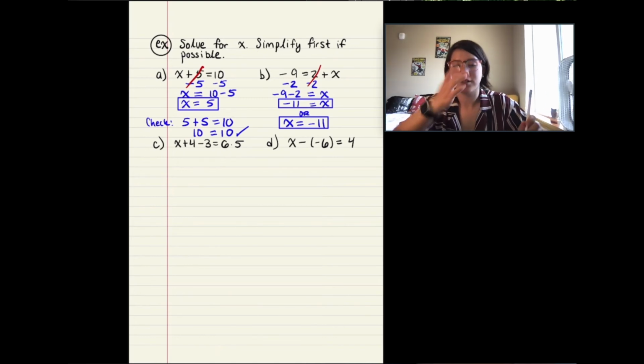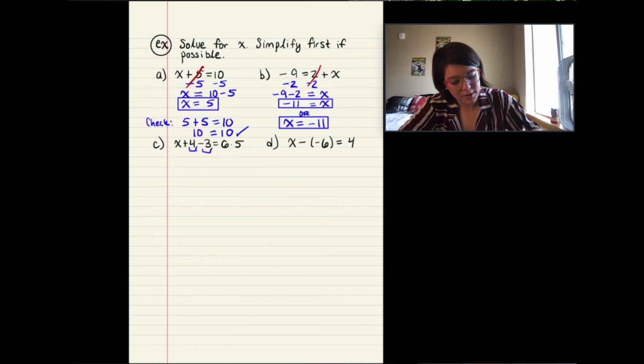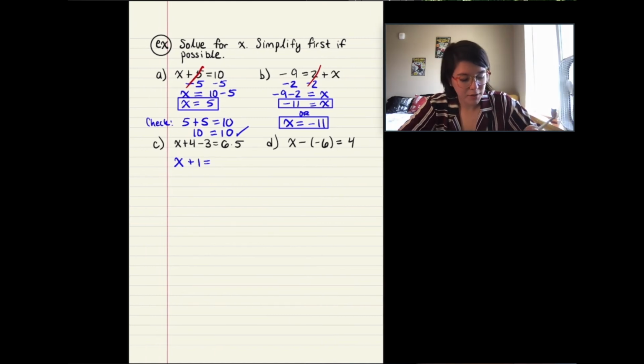So we're going to add our like terms and simplify as much as we can. So on the left we have a 4 and a negative 3. So we can combine those and we can make this x plus, well, 4 minus 3 would just be 1, so we'd have 1 here. And on the right, we have 6 times 5, which would just be 30.